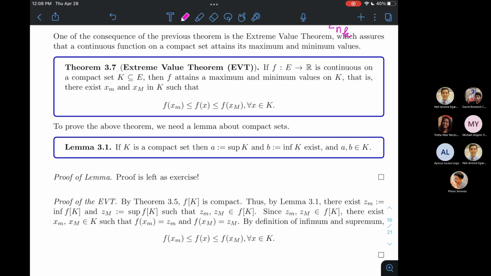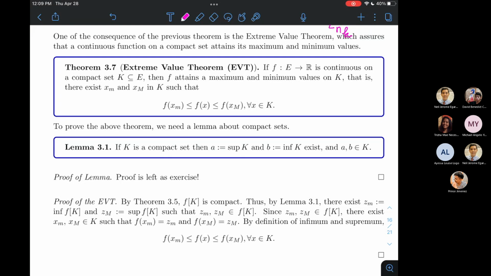Well, the math 36 version of the extreme value theorem tells us na isang continuous function ay nagkakaroon ng maximum at saka minimum sa kahit anong closed interval. Alright? So kapag ang set of consideration mo ay closed interval, tapos meron kang isang continuous function, yung continuous function na yun will attain a maximum and minimum on that closed interval. Right?